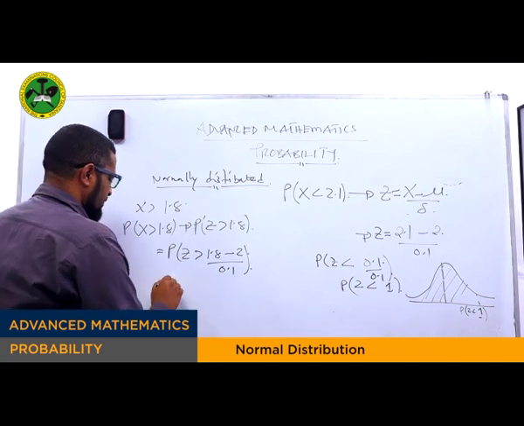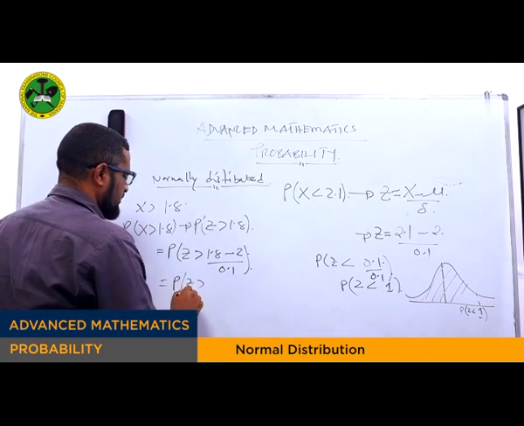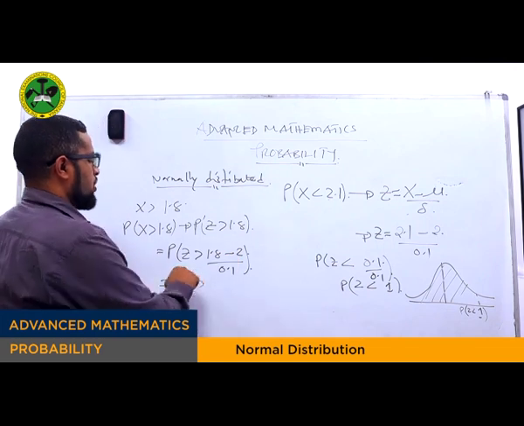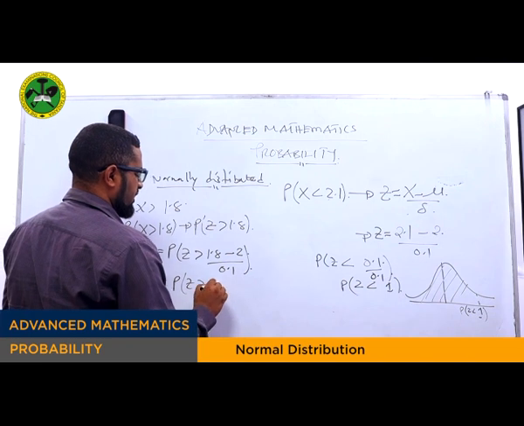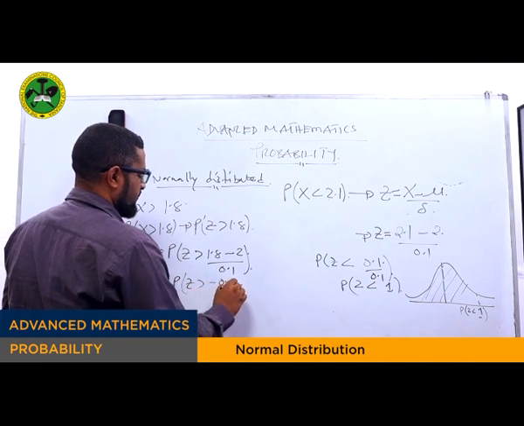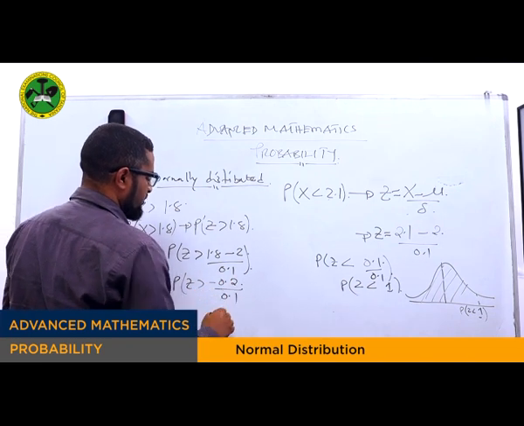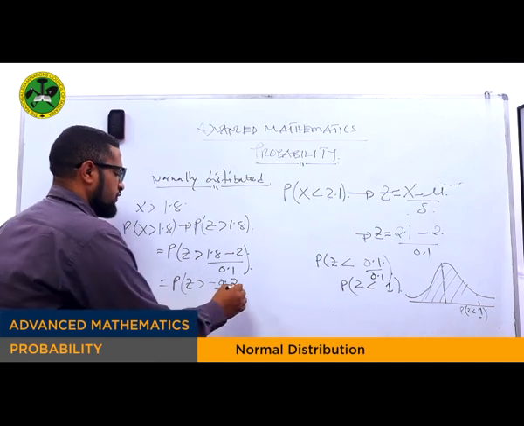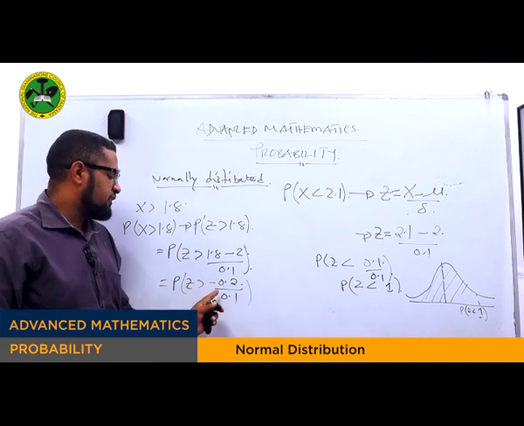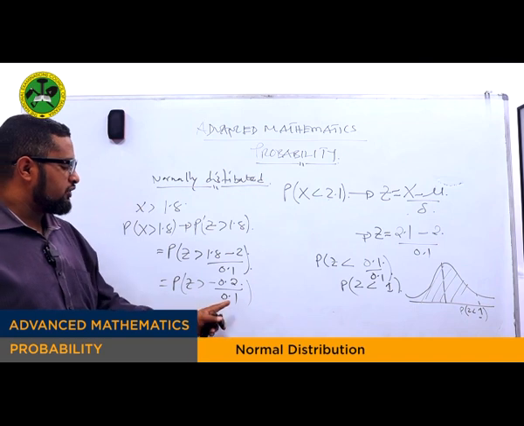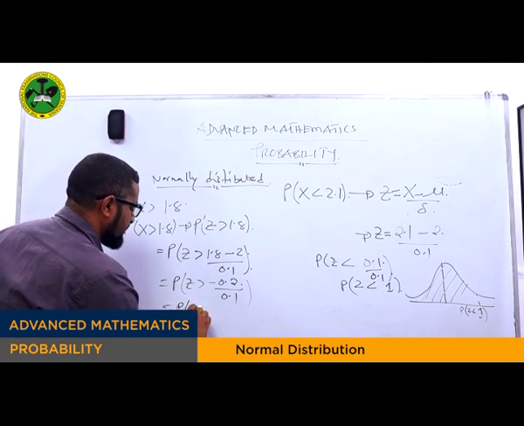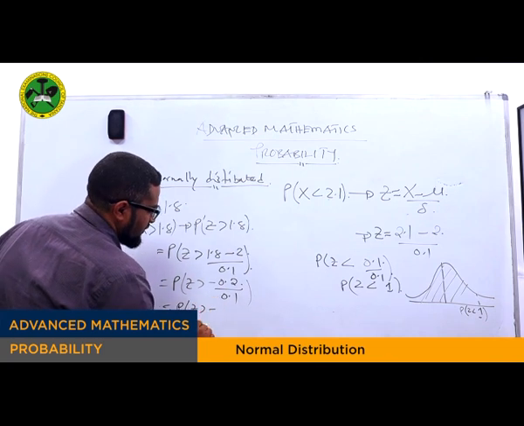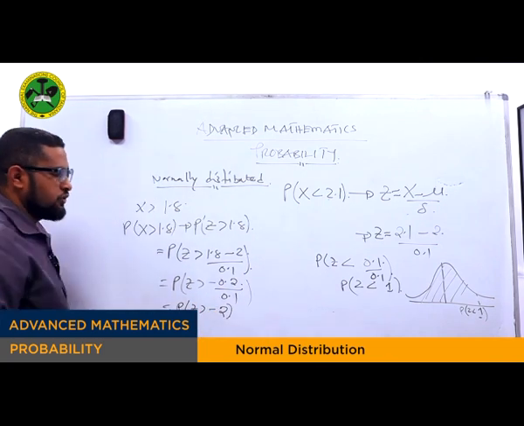Now take your calculator and simplify. 1.8 minus 2 is negative 0.2, divided by 0.1. If you divide negative 0.2 by 0.1, it gives the probability of z greater than negative 2.